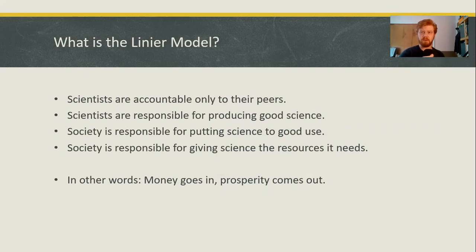That also means that they're responsible for determining what makes good science, and society then is responsible for putting that science to good use after scientists give it to us. And society also is responsible for giving scientists the resources they need to produce good science. Breaking that down into the simplest possible terms, and honestly, too simple, it doesn't do great justice to the argument, but in other words, money goes in, prosperity comes out.